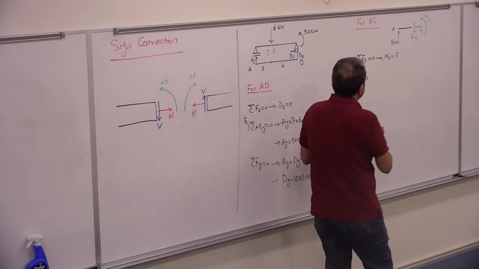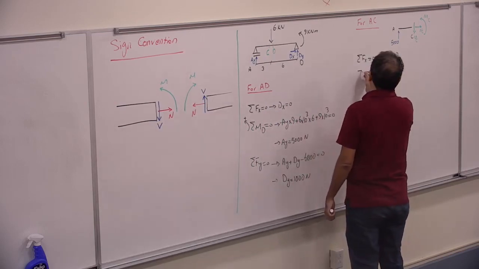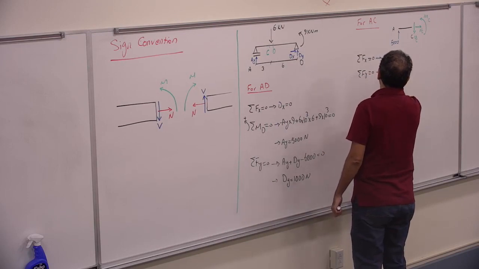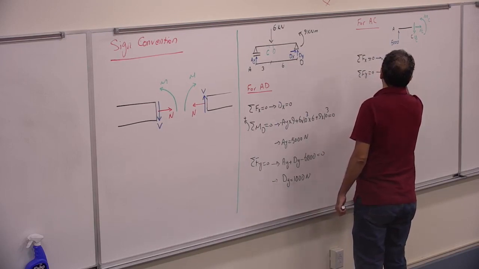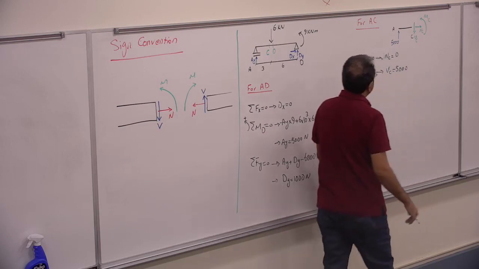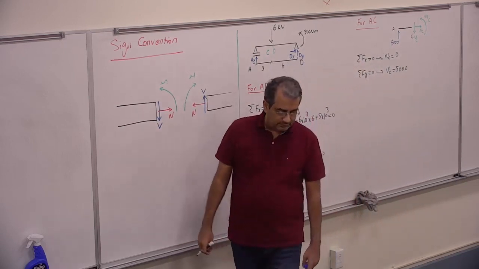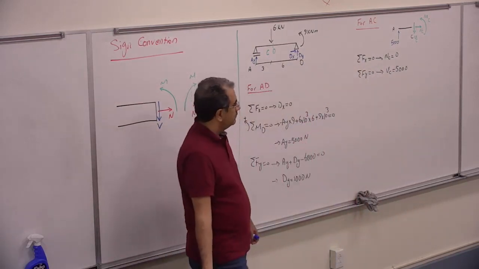Then if I write the sigma Fy is 0, it gives me VC is 5,000, right?